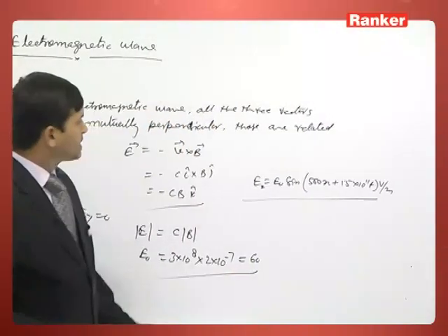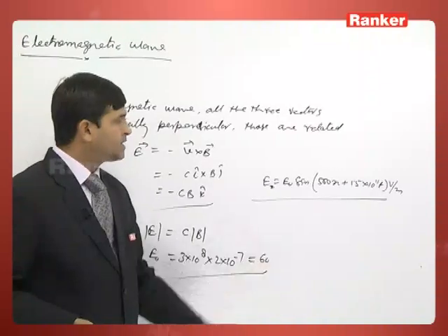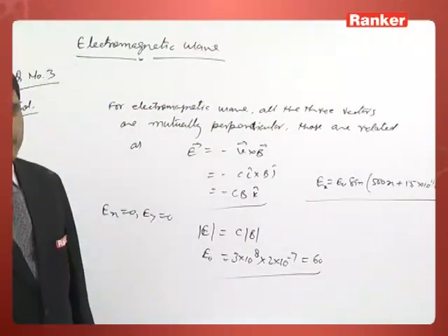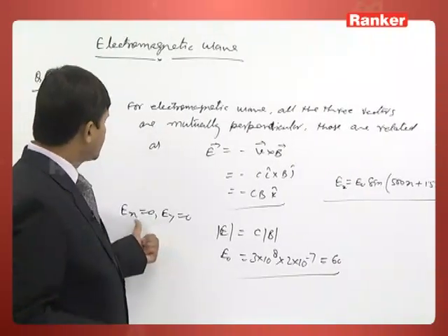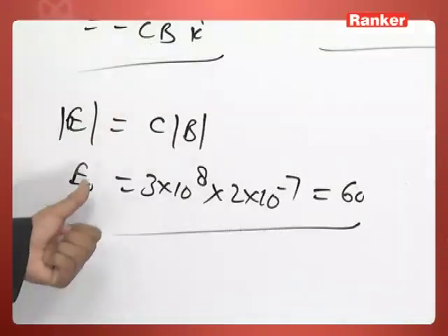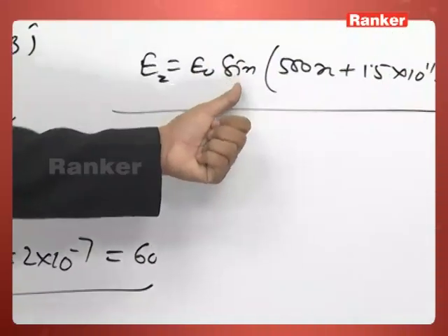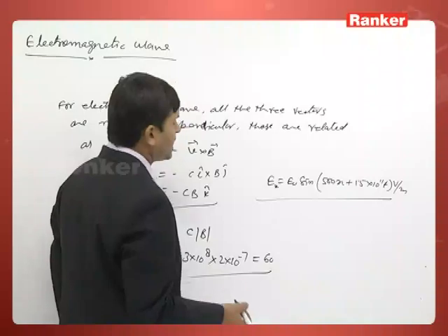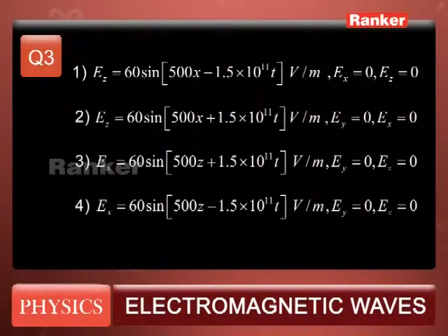So this is the Ez, where E naught is 60. So our option number 2 is the correct option, which gives Ex 0, Ey 0, and Ez is 60 sine(500x plus 1.5 into 10 to the power 11 t). So correct option, option number 2.